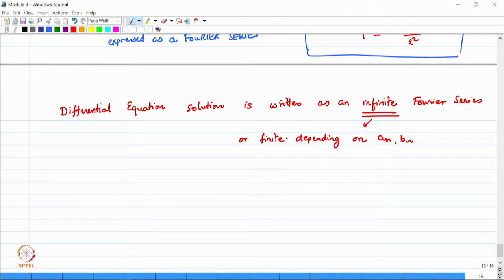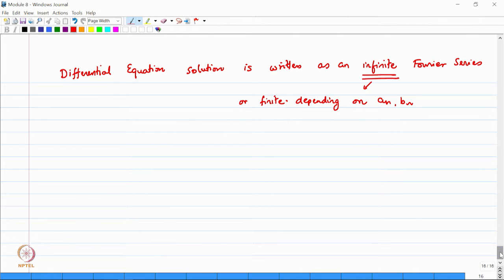So this is the general method. What is important, the highlight or the most important thing to note: the second derivative y double prime just led to a simple algebraic factor.